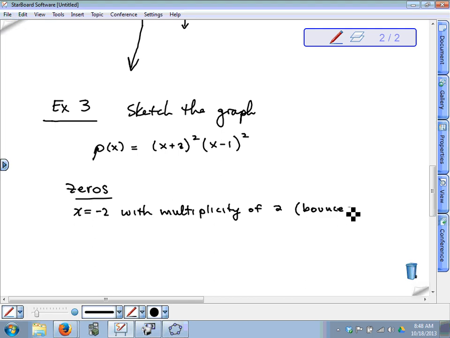And I always just like to make a note of what that means. That means the x-intercept bounces there. The other zero is x equals 1 with multiplicity of 2. Also bounces through the x-axis.